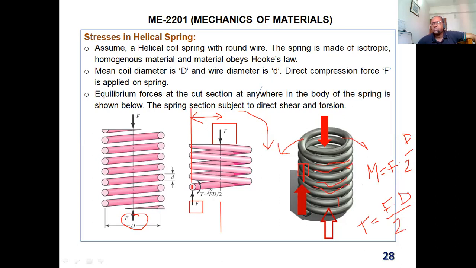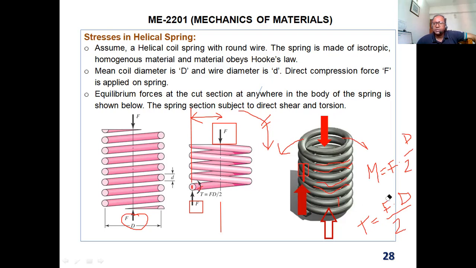And what will this torque do? This torque has to be carried by this wire, and this moment is working clockwise, so the torsion will work anti-clockwise.